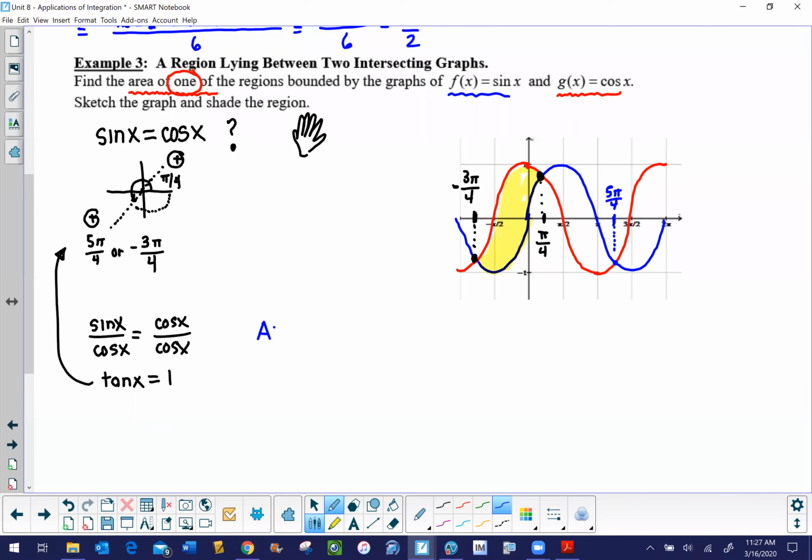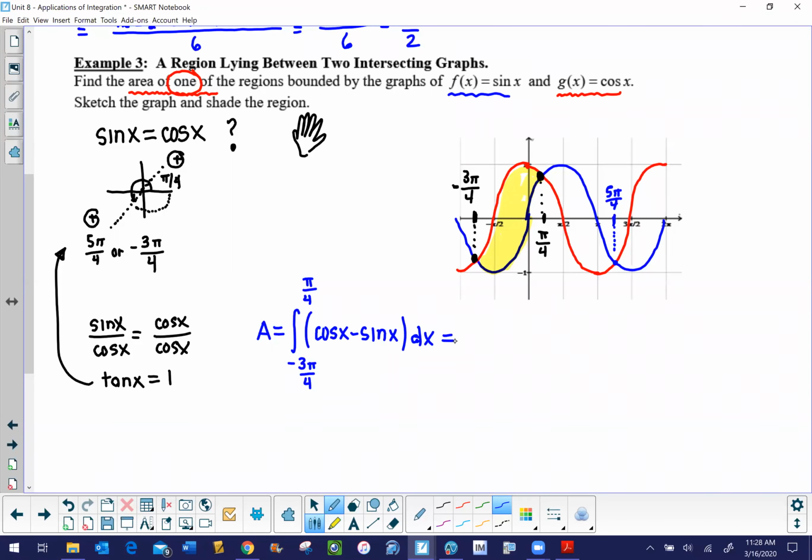Now, if we want to find the yellow region, we could do a definite integral, starting from a boundary of -3 pi over 4, the first intersection point, to a positive pi over 4, our second intersection point, and take the top minus the bottom. And again, using the yellow, our top curve is cosine of x, while our bottom curve is the sine of x. So it would be the integral of cosine x minus sine x dx.